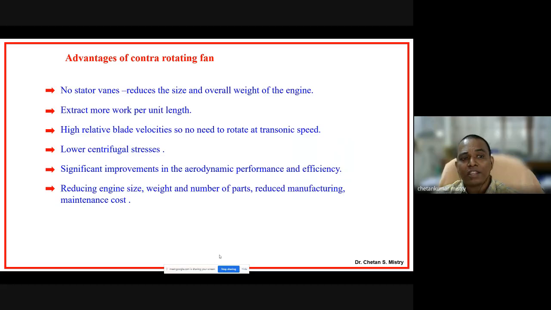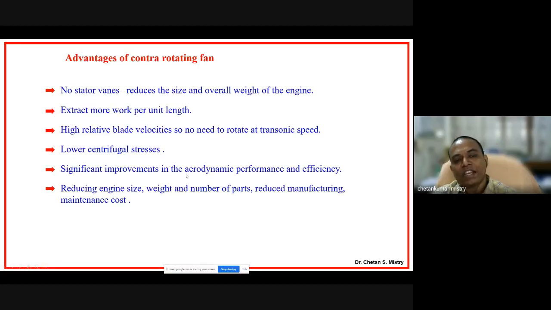Now, what are the advantages? As we have discussed, we will not be having any stator vanes. That reduces the size and overall weight of the engine. We can extract more work per unit length, as we have seen for the F-35. High relative velocity means there is no need to rotate the wheel at very high speed. That is the benefit. In that case, you will have lower centrifugal stresses.